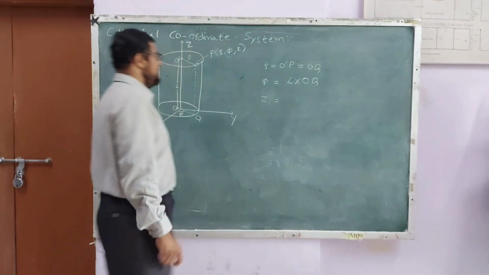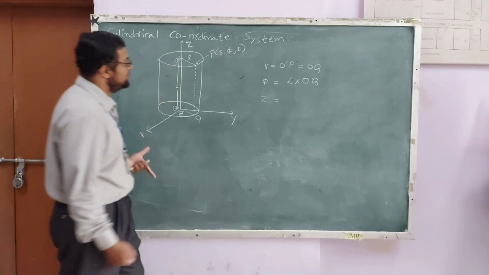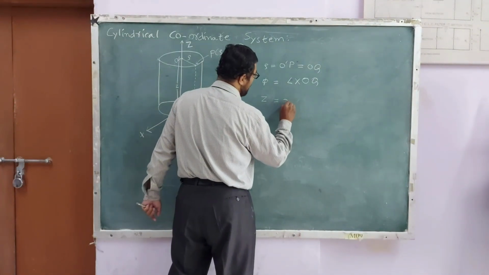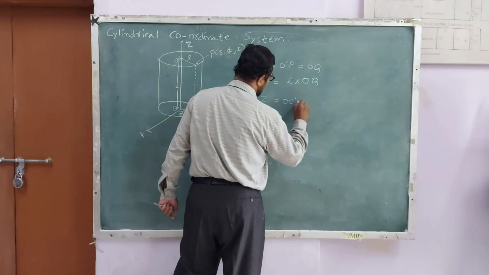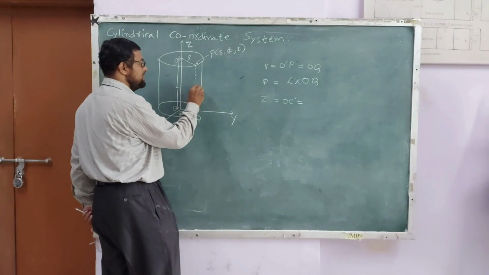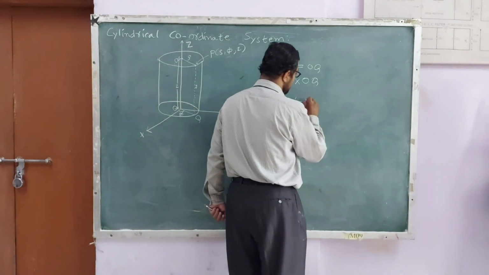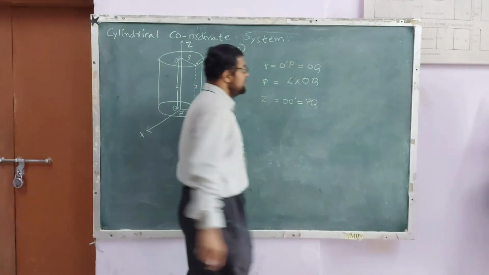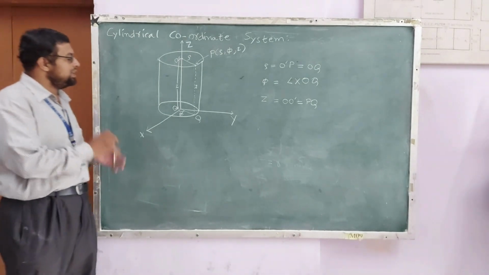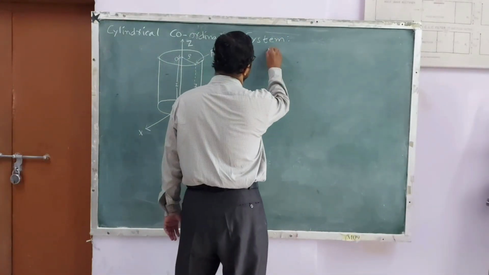And our z coordinate, small z, is the same thing as the height of this cylinder, which we can call O prime, or also PQ, because PQ is again z only. It is the height of the cylinder. So this is what the cylindrical coordinate system is. In the next part, we shall see the transformation equations.